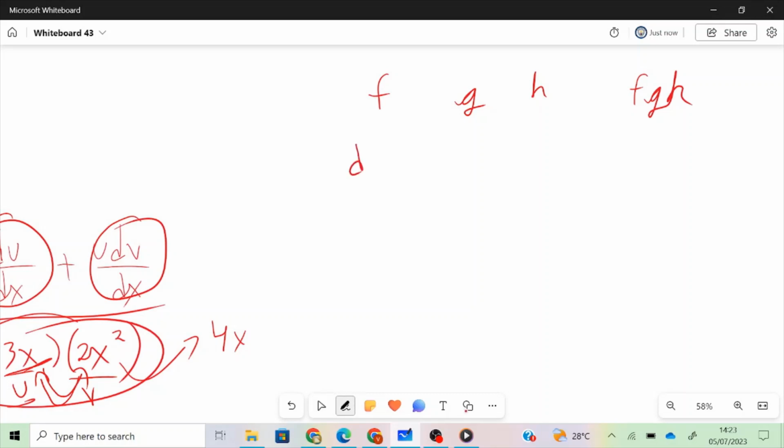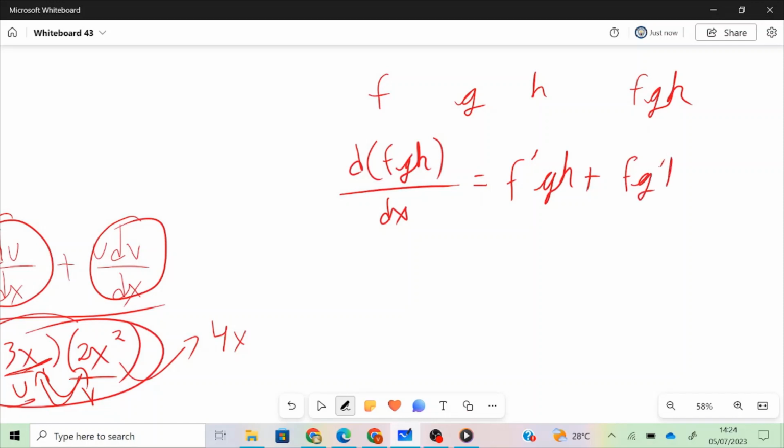My formula would now be d(fgh)/dx, because that is essentially our y in this case, equals f prime gh plus fg prime h plus fgh prime.